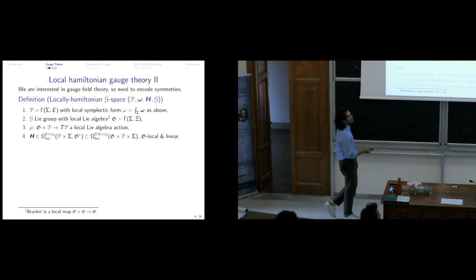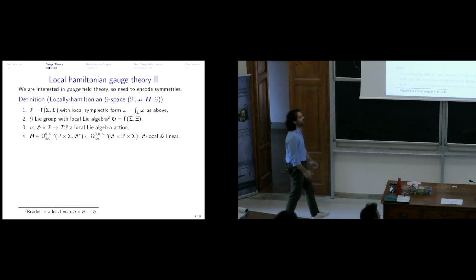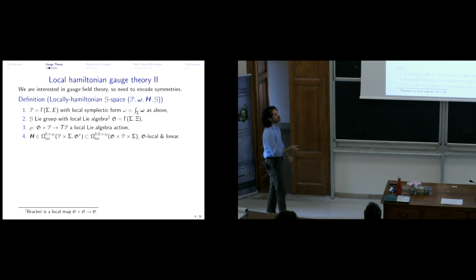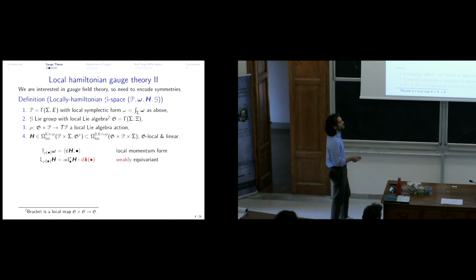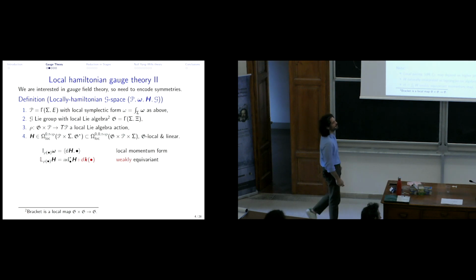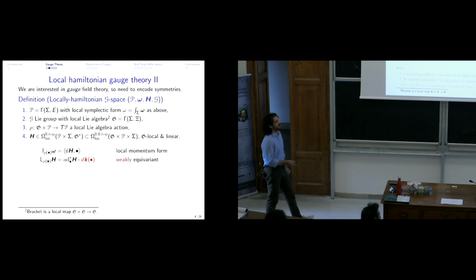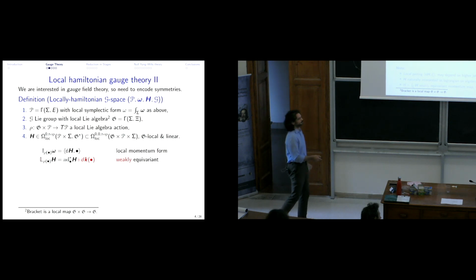And then I generalize the notion of a momentum map to this local setting by asking that I have a form, which is (0, top) with values in the dual of the Lie algebra, that satisfies these properties.